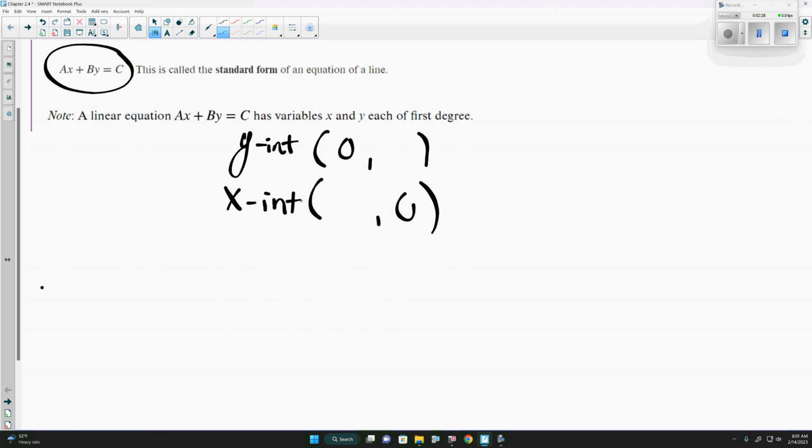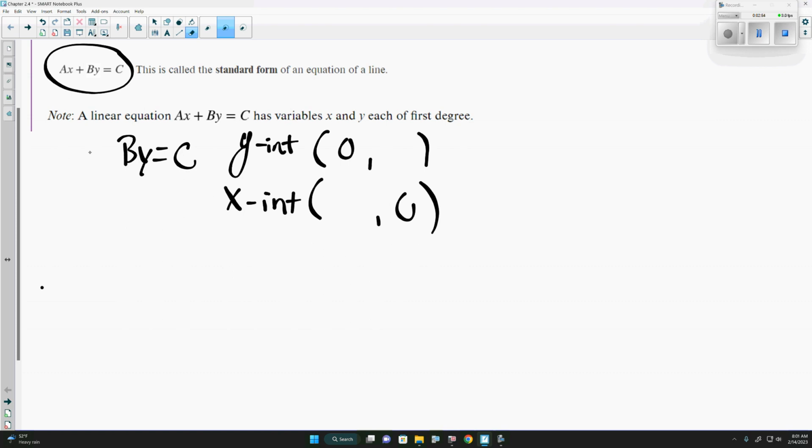And the reason I say this is nice is because if we think of ax plus by equals c in these terms, for the y-intercept, the x value is 0. So really, I can think of it as by equals c, divide by b, and I have my other value.